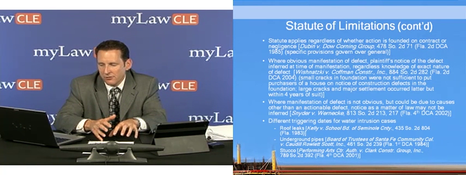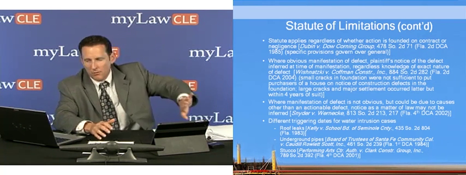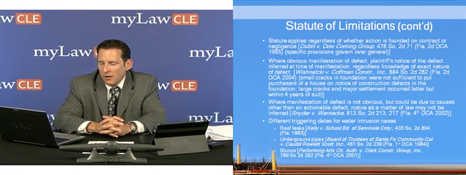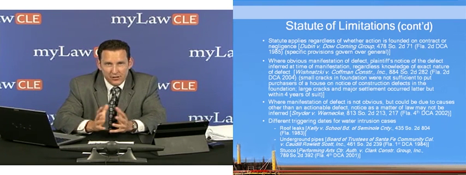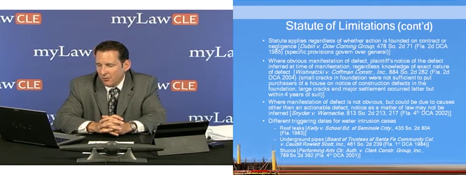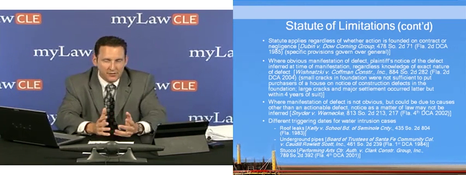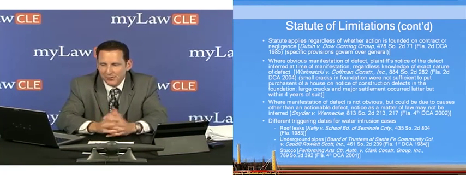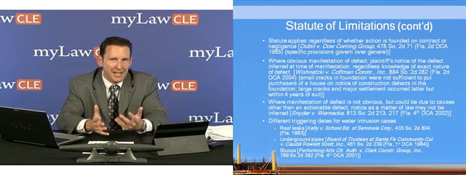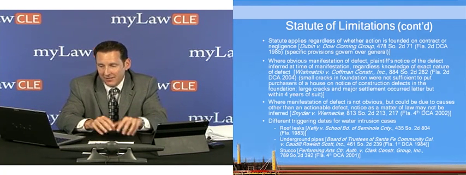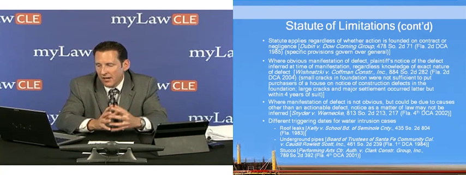So leaky roofs are really on one side, and then underground pipes is a different triggering date, and that's under Board of Trustees versus Santa Fe. And I think the rationale there is it's obvious. Obviously you've got underground pipes, and without some sort of destructive testing, you may not know that there's an actionable defect that is coming from the underground pipes, so that you could bring your cause of action timely.